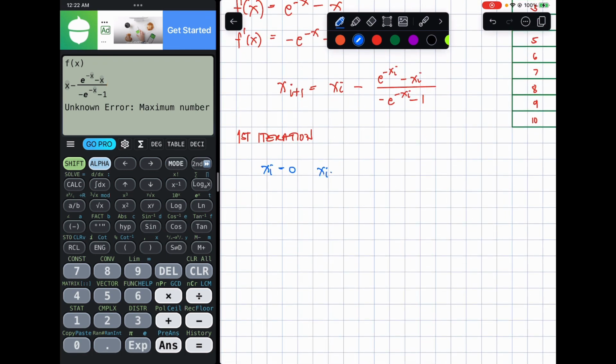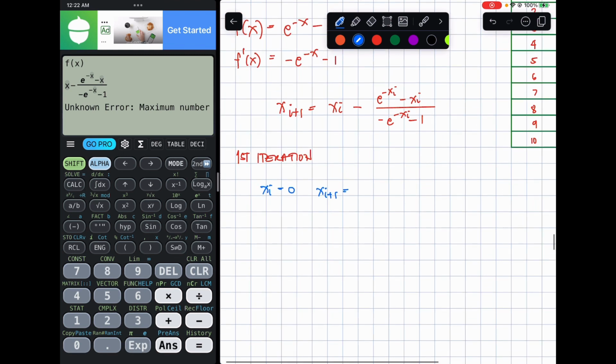So we have x sub i plus 1 is equal to x sub i, 0, minus e raised to negative 0 minus 0 over negative e raised to 0 minus 1.